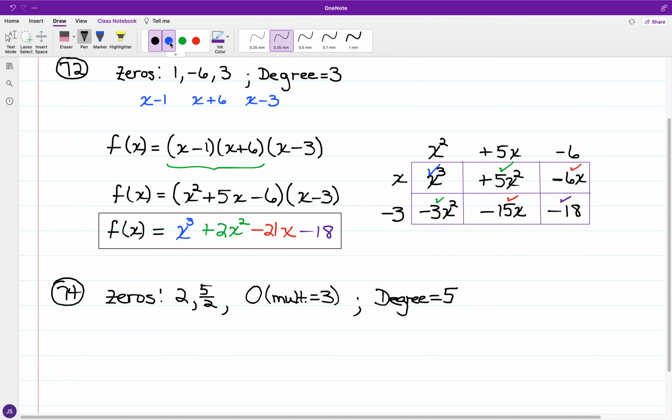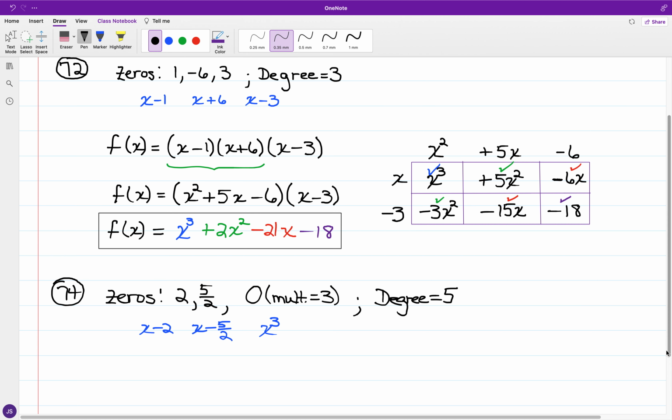Alright, so just checking, with 2 we have x minus 2, with 5 halves we have x minus 5 halves, and for 0 we have x, and since 0 has a multiplicity of 3, we have x to the third.